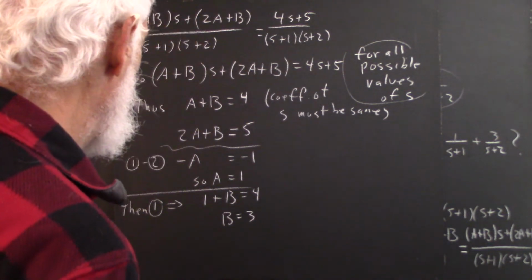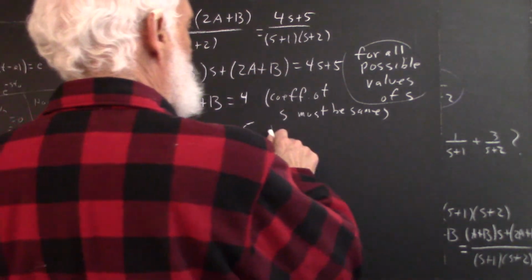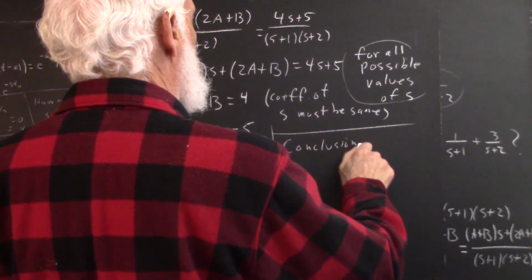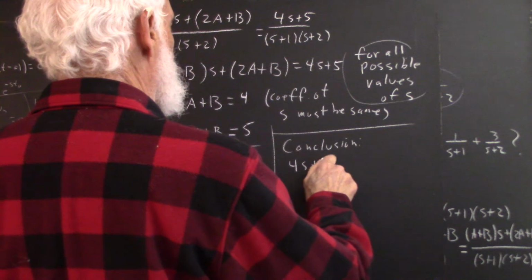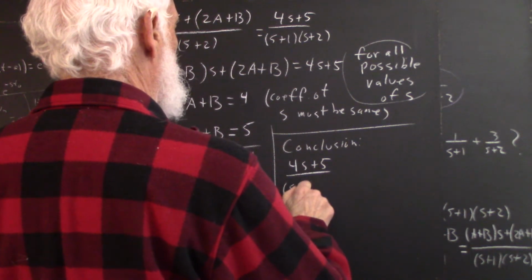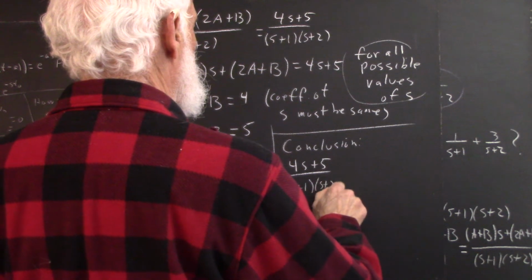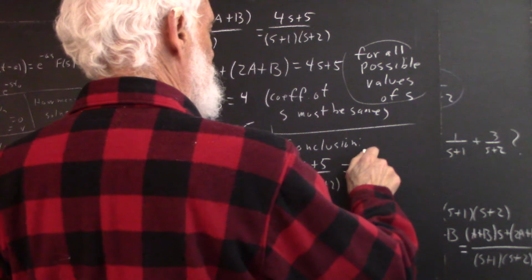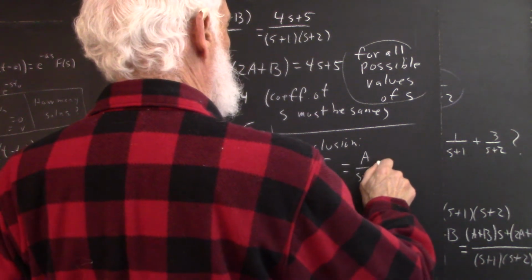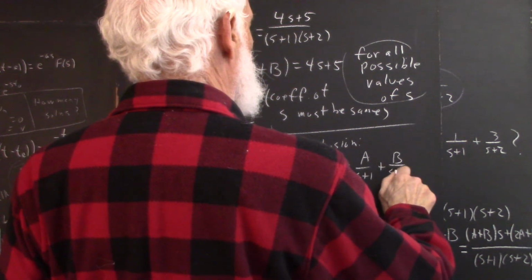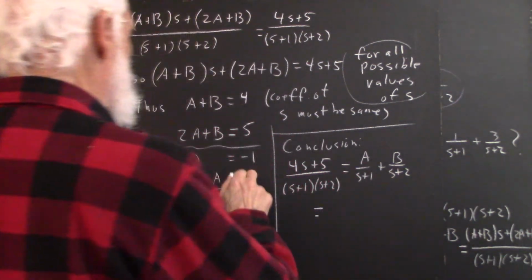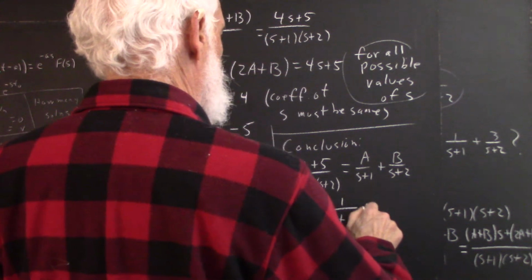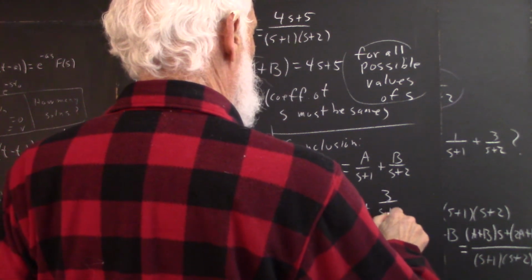And our conclusion is 4s plus 5 over s plus 1 times s plus 2 equals, well, I said it's going to be a over s plus 1 plus b over s plus 2, which now that we know a and b equals 1 over s plus 1 plus 3 over s plus 2.